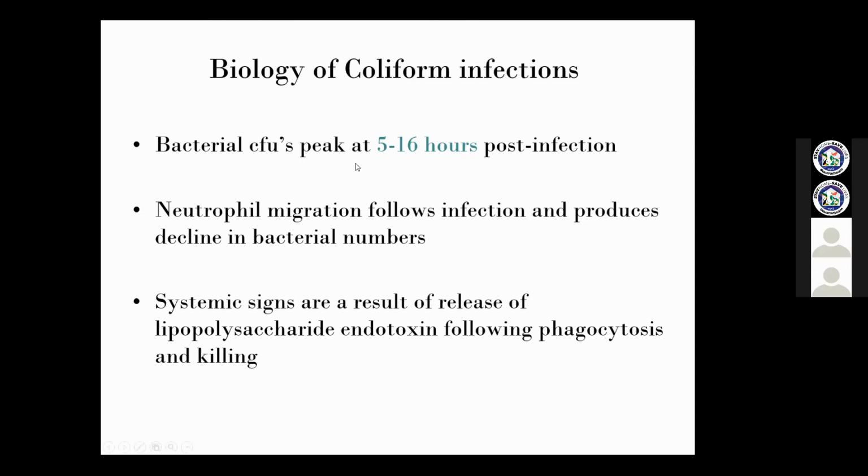All right, only after it has reached the peak, or stimulated with the peak, do we get a reaction with neutrophil migration, and only after that do we get a reaction with phagocytosis and killing. But very often this might be too late, where the endotoxin has already been released.